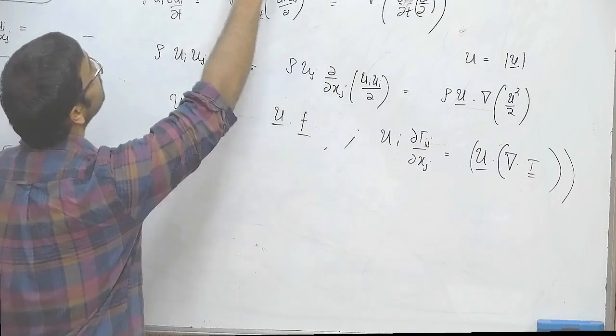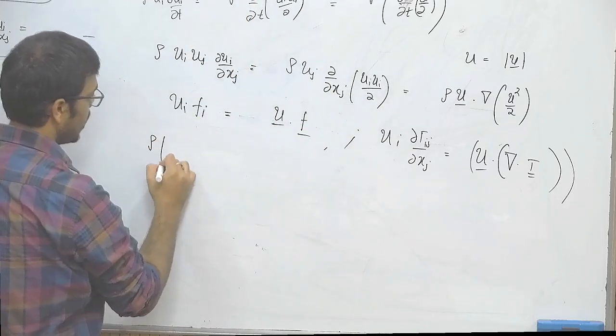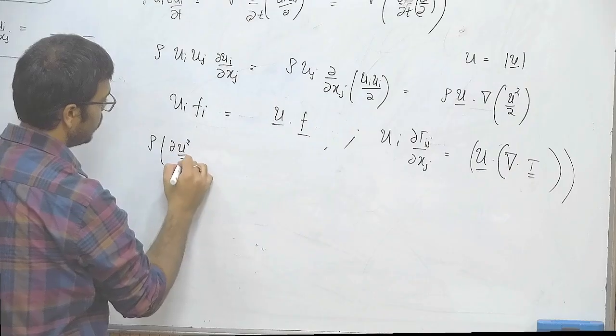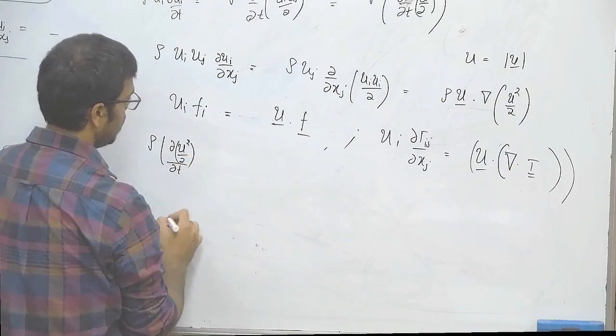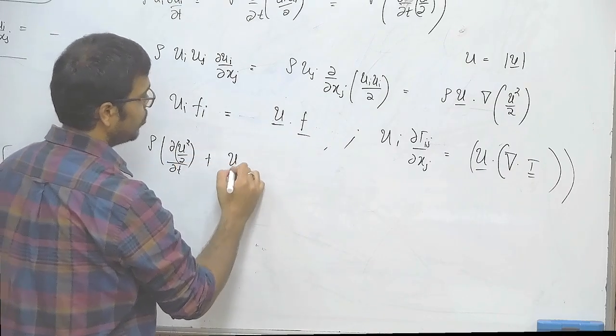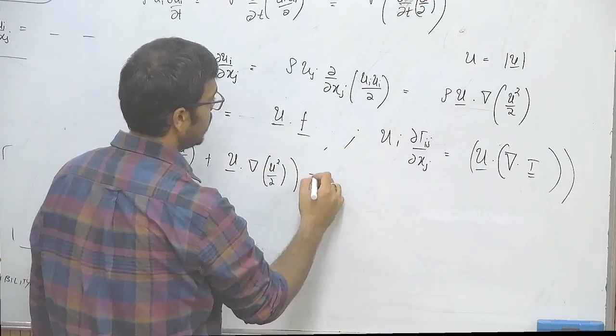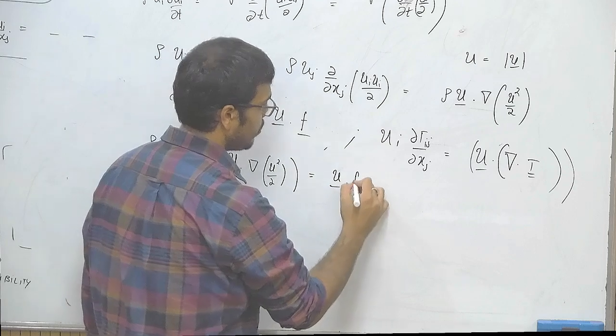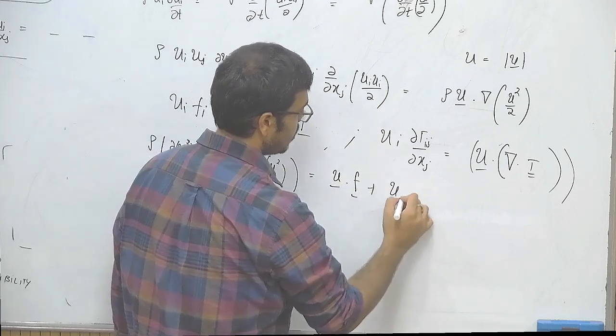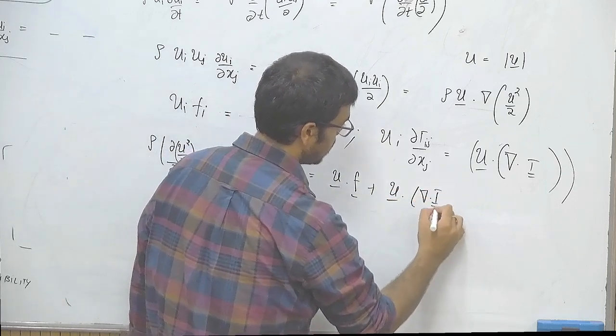And when we put them together, what do we get? Rho times del u square by 2 by del t plus u dot grad of u square by 2 equals u dot f plus this cumbersome expression.